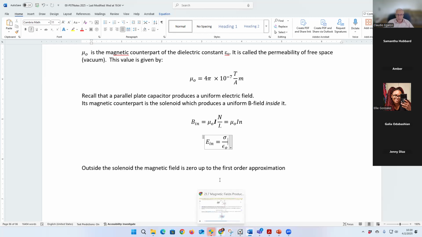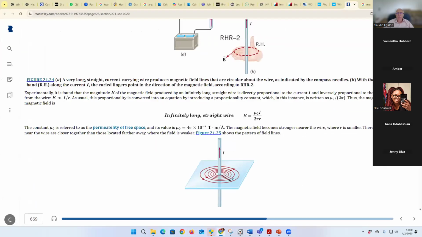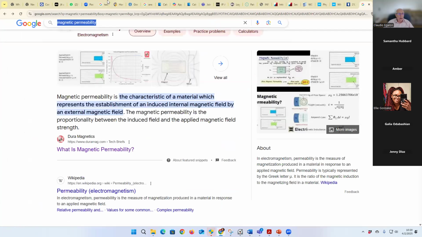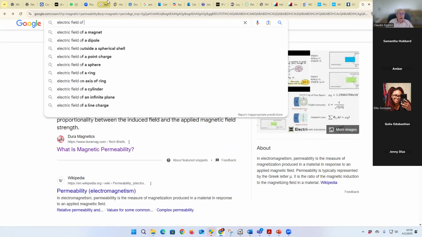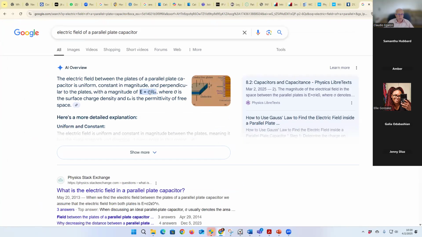Let's not forget that what you see right in here is the amount of charge per unit of area. Let's make sure it's right: the electric field of a parallel plate capacitor is sigma over epsilon naught. Sigma is the surface charge density. Epsilon naught is the permittivity of free space.